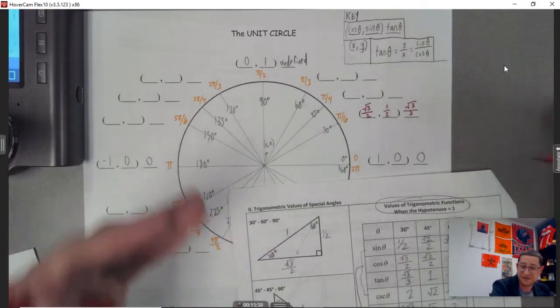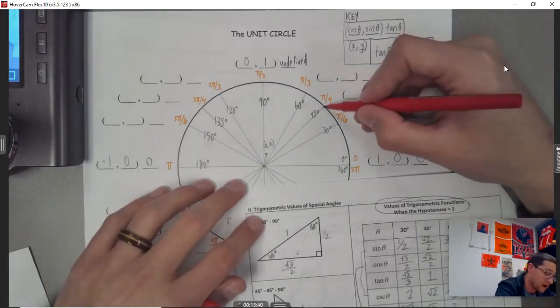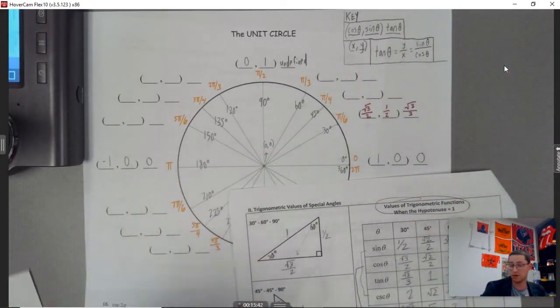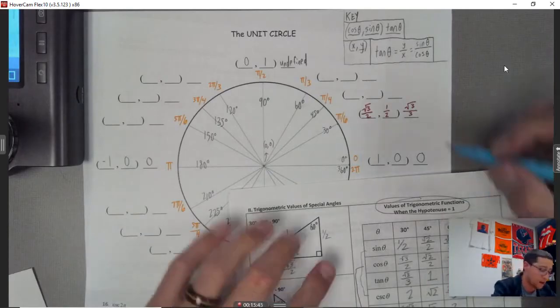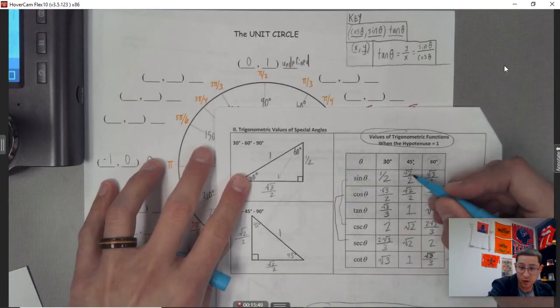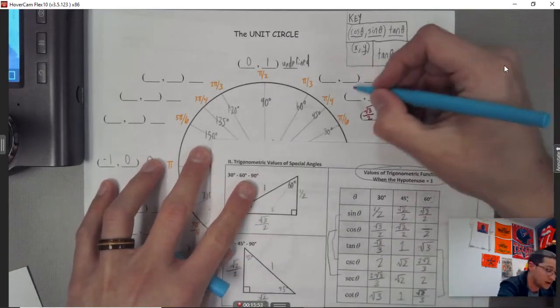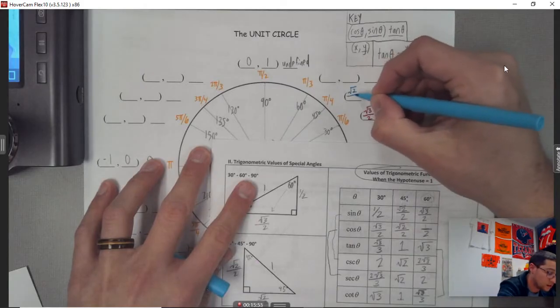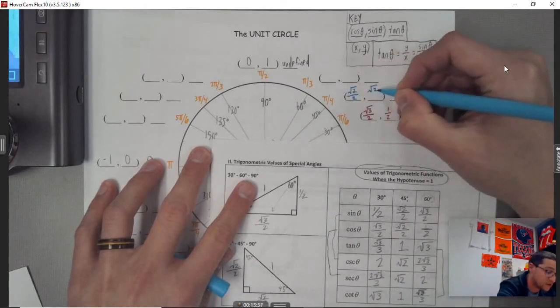Now, what's nice about this one, at the 45, on the next one, let's get a new color. We're going to do this one in blue. What's good about this is look at the table: 45 degrees, square root of 2/2, square root of 2/2. So it's actually the same, and I just need to write that twice. It makes sense if you think about it.